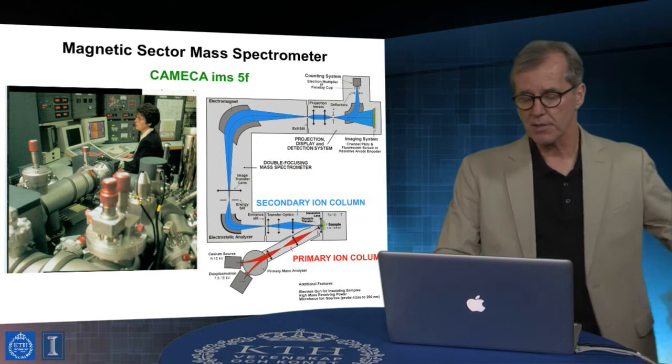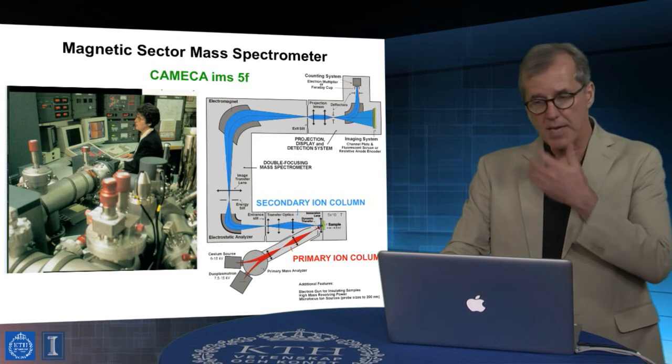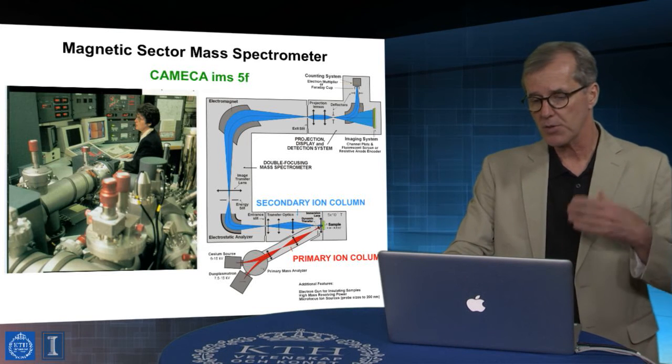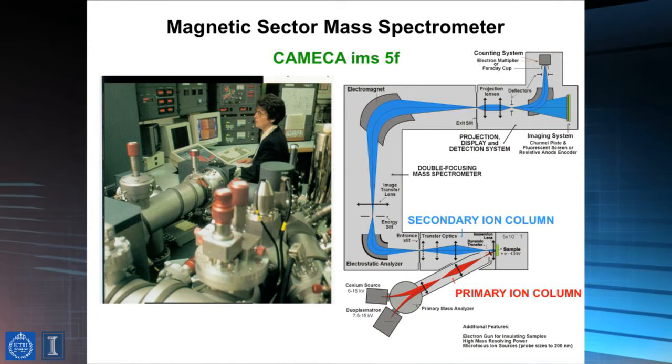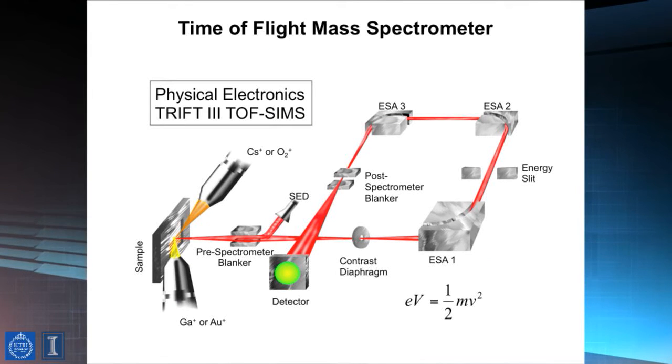Now I'll leave these slides to you to look at, just laying out differences in types of instruments. This is an old instrument, but it's still a very powerful one for doing dynamic SIMS measurements. And this is a schematic of a more modern version, a time of flight static SIMS instrument.